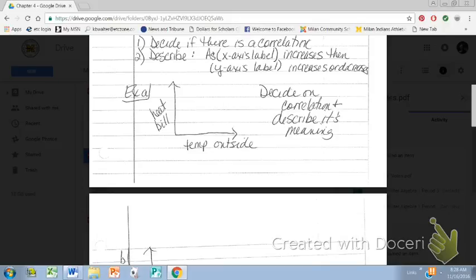So our first example is the temperature outside and the heat bill. The temperature outside would be at 0 here on the left, and it would be going up as you go right. So we're talking something like 10 degrees, 20 degrees, all the way over to maybe 100 degrees. If it's 0 degrees, our heat bill is going to be very high because it's cold outside.